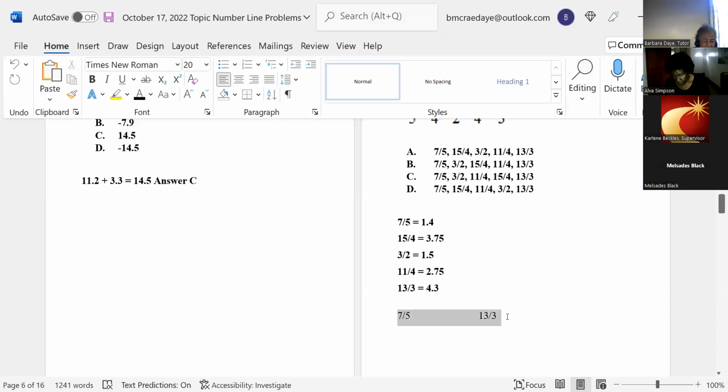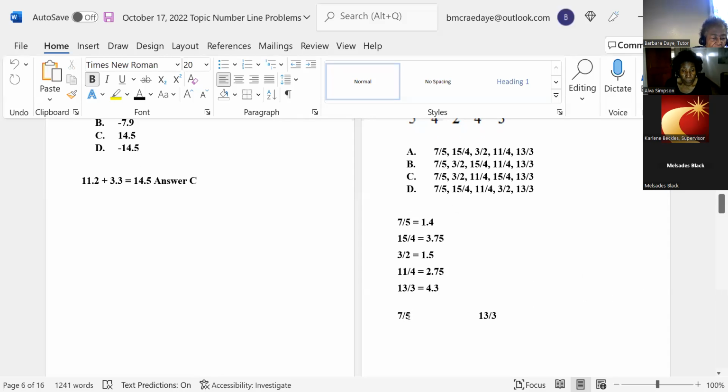So now we just have to put in between. After the 7 over 5, what is the next largest? No, this is 1.4.